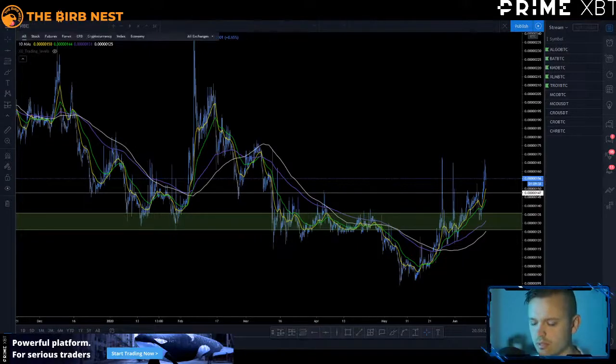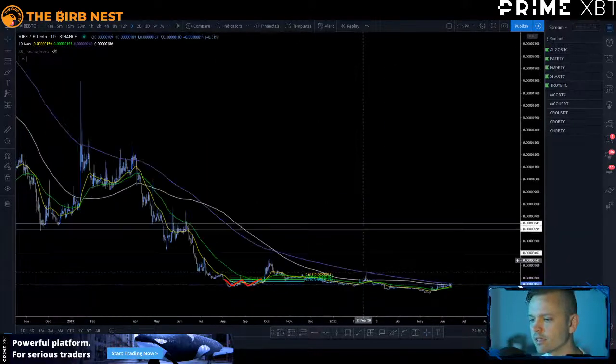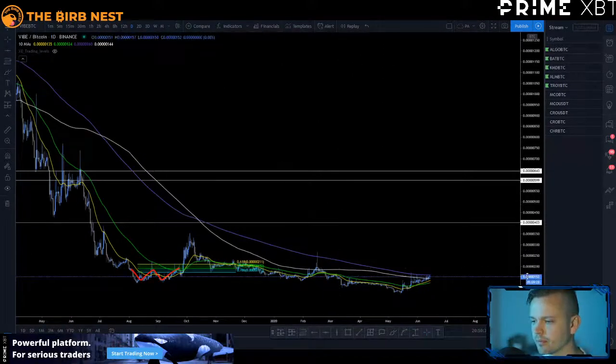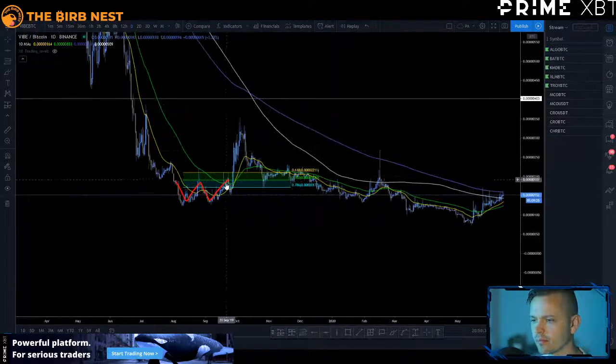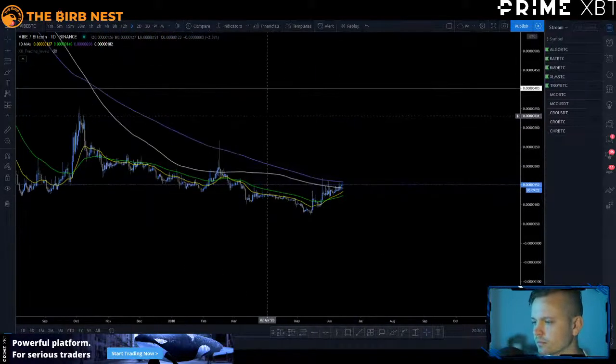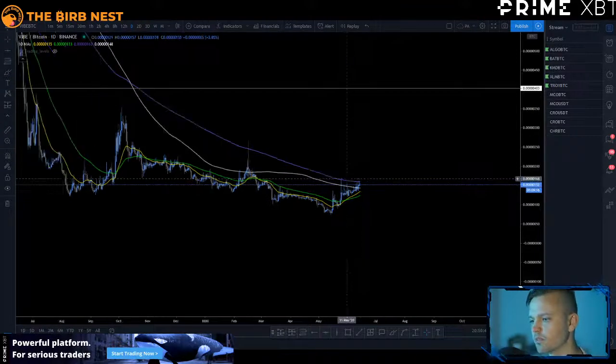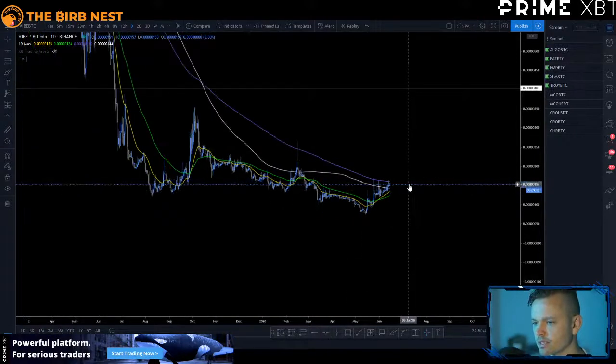VIBE BTC daily. How's the daily looking? Very similar to QLC. We got the reclaim after the 200 simple, confluent with this support area right here.